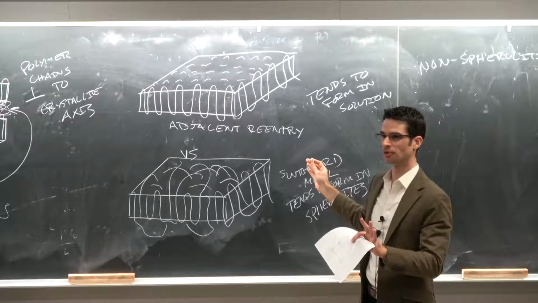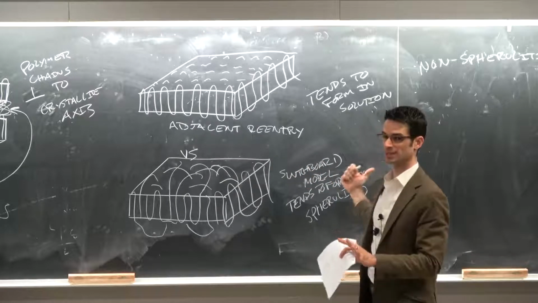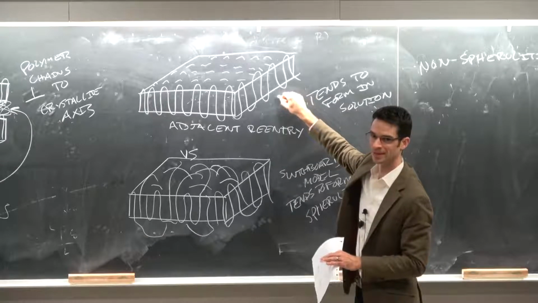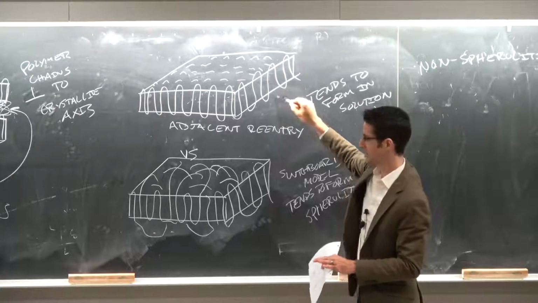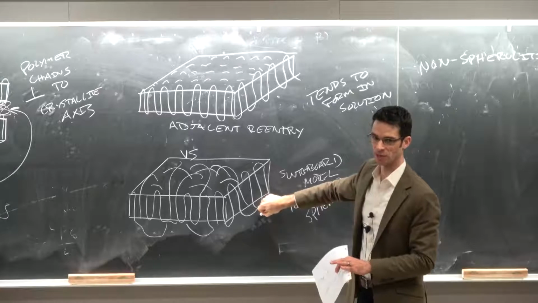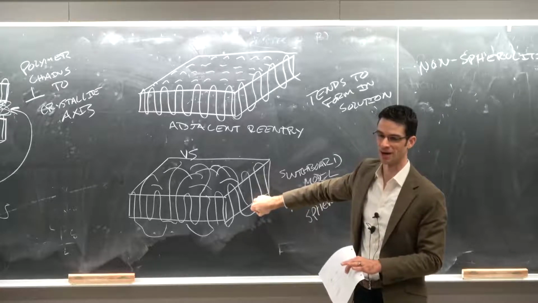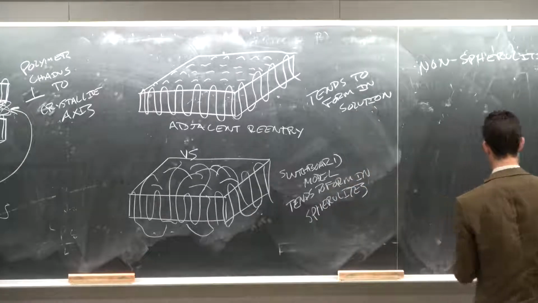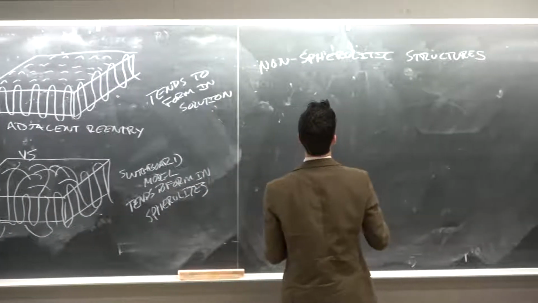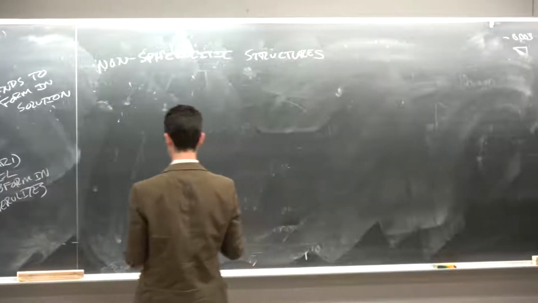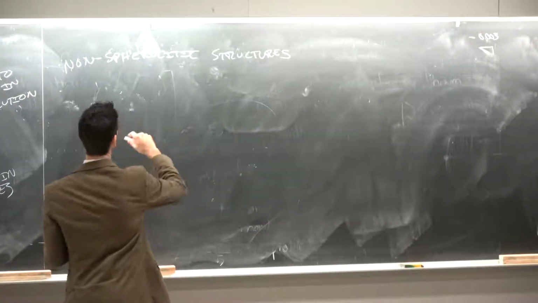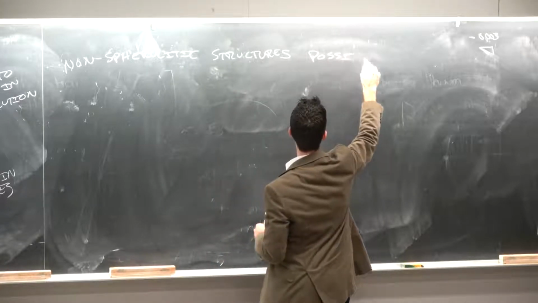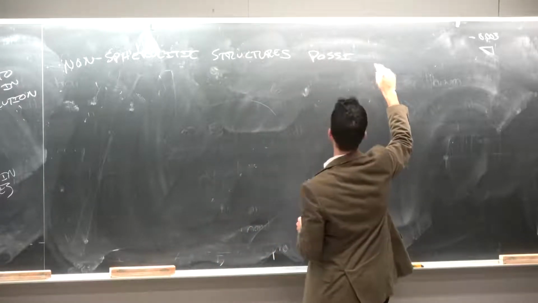There are other types of crystallites that are not spherulitic that tend to form the adjacent reentry structure. The spherulitic structure is almost always like this, whether or not it was grown from the melt or from solution. Non-spherulitic structures are also possible, but these generally form from solution as opposed to from the melt.